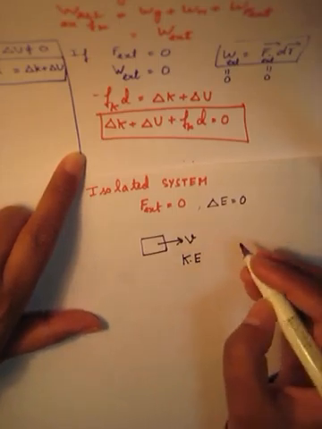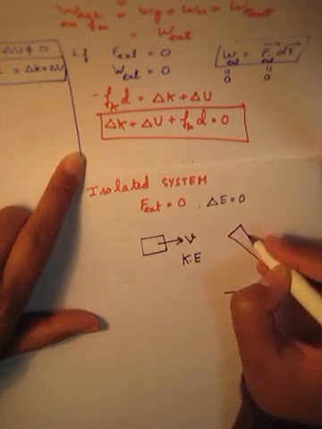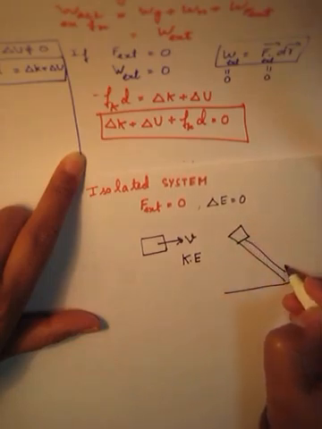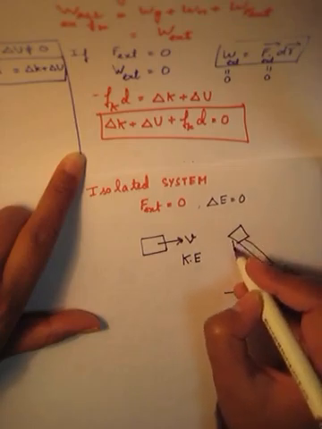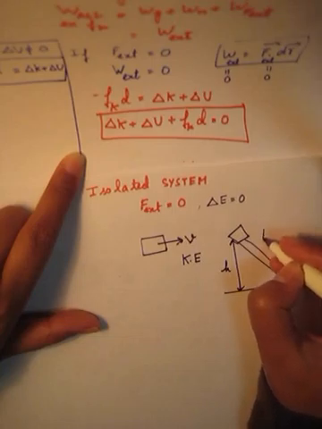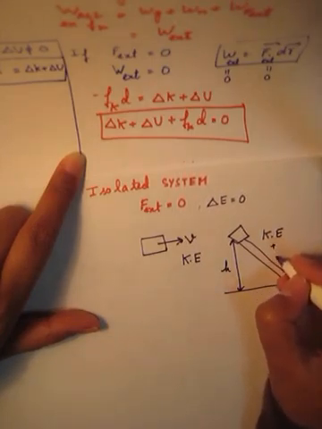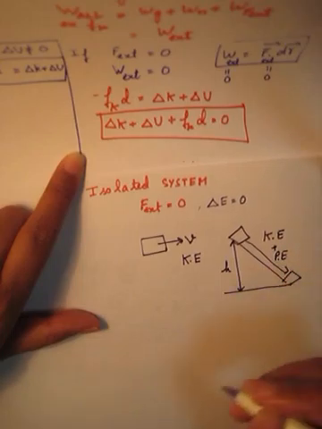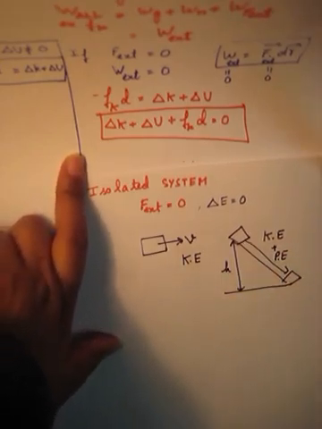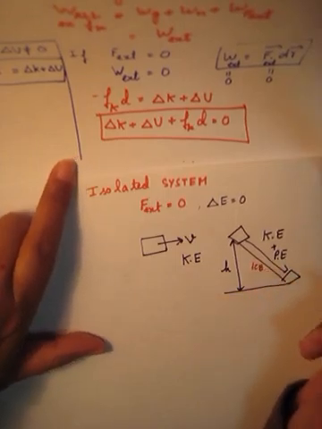But if the object is moving from one height to another, h is changing, then it will have kinetic energy plus potential energy. Now, let us say in this situation it is ice, so there is no friction.